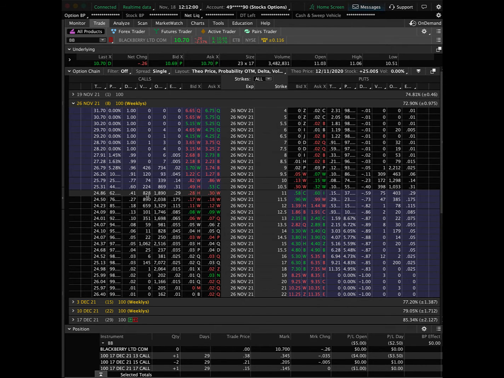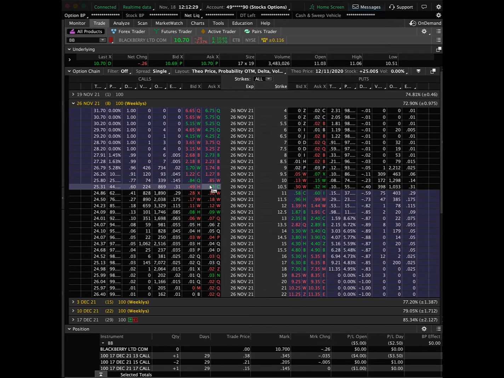Another way we could trade this is at the money, right here at $11. And you can see here that we have quite a lot of open interest and volume, and we have a very tight spread here at 29 cents per contract. So that's a good trade there. Or we could trade out of the money, any number of these options, but as we had determined for this particular expiration, the upward trading range is around $12.